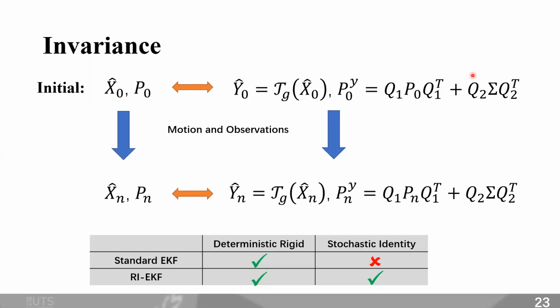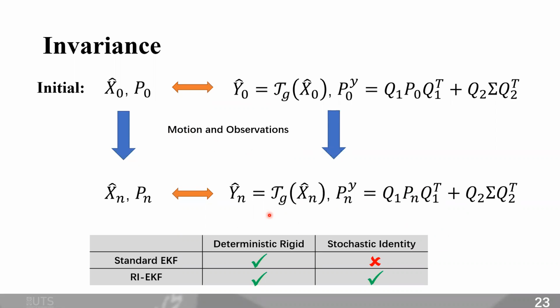It's something like we change the global coordinates, and so we also need to change the covariance. And invariance of stochastic rigid body transformation is essential in the SLAM system, because this transformation cannot be observed in the system.